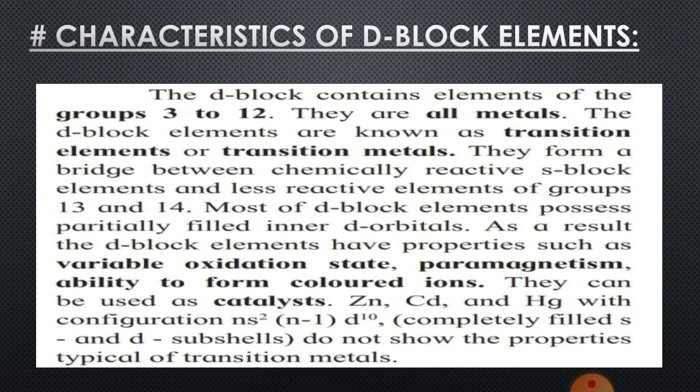Where are the d block elements present in the modern periodic table? They are present in the middle between the s and p blocks. The d block contains elements of groups 3 to 12, where groups 1 and 2 are s block, groups 13 to 18 are p block, and groups 3 to 12 are d block.